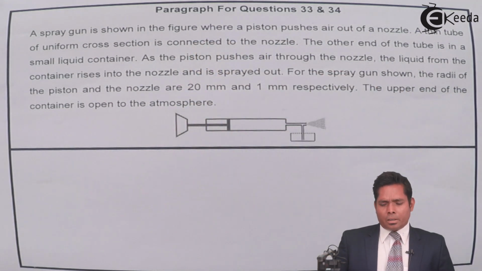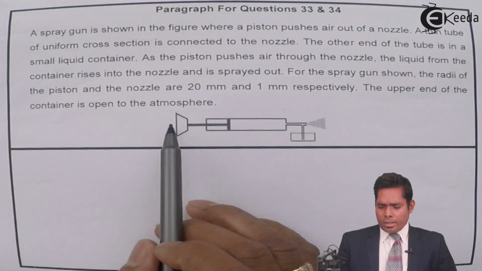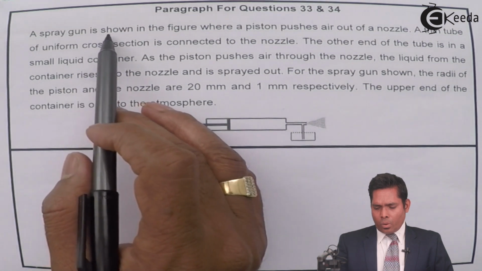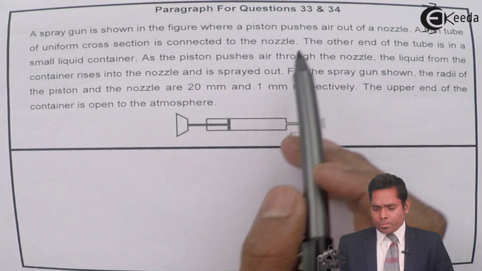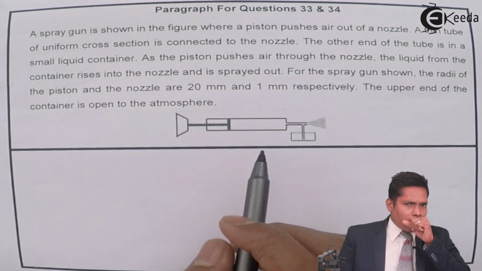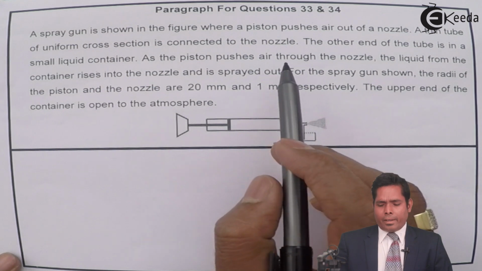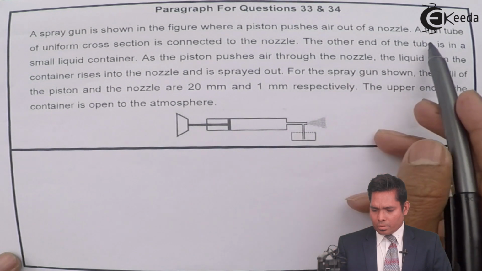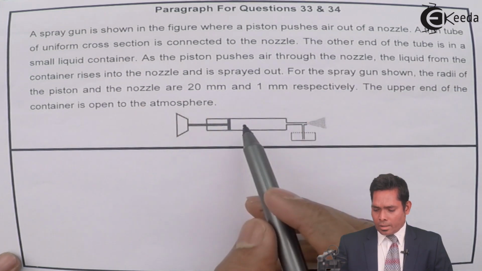This is another paragraph type question where there is a spray gun. This spray gun is shown in the figure where a piston pushes air out.